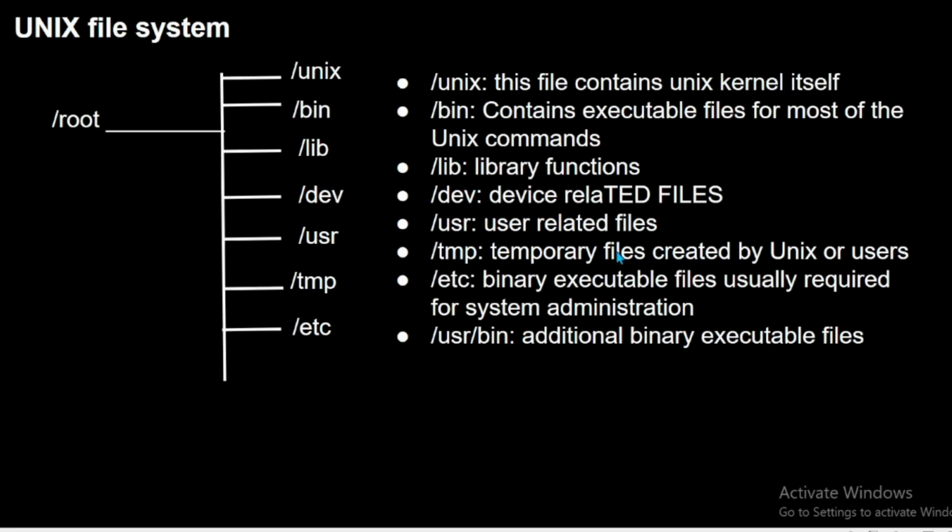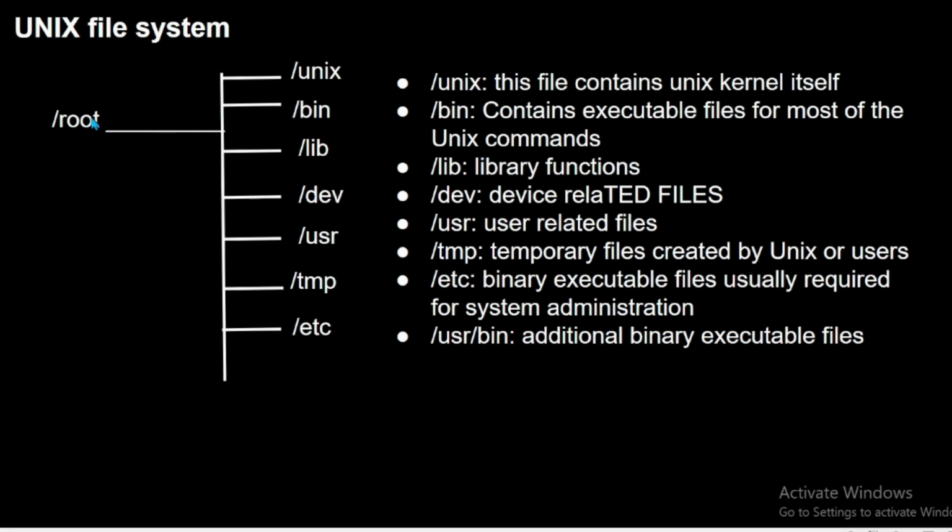The tmp subdirectory contains the temporary files which are created by Unix or the users. etc is a subdirectory where the binary executable files usually required for system administration are stored. The additional binary executable files are stored inside a subdirectory inside usr. This is how the Unix file system is organized.